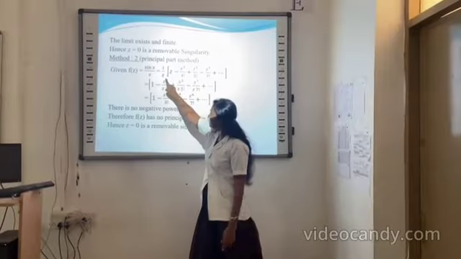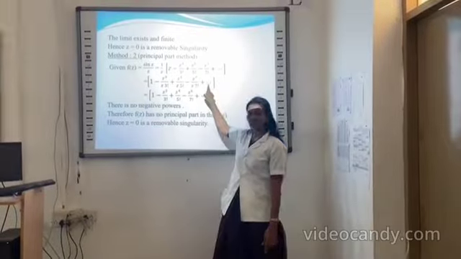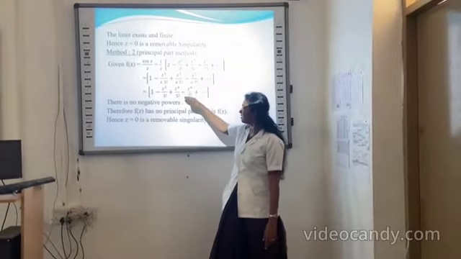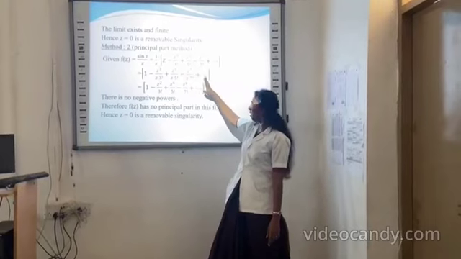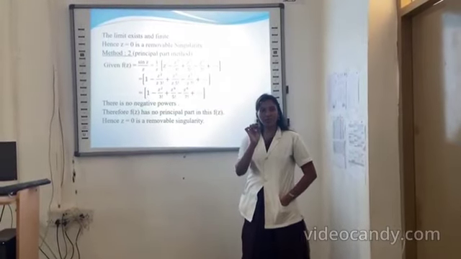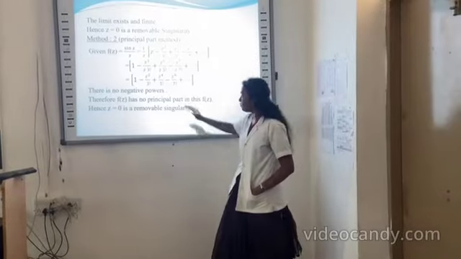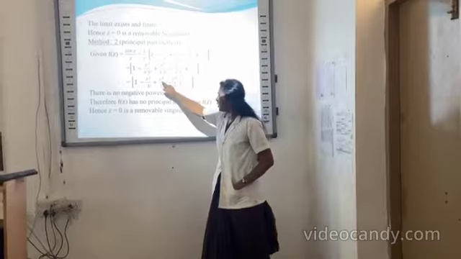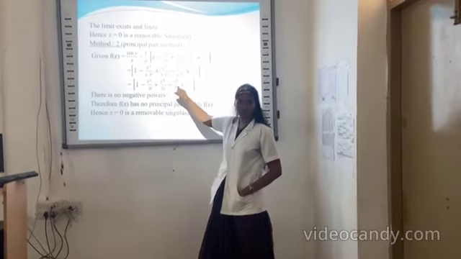Now multiply the 1 by z inside the bracket to get the series expansion. Simplify the terms, since z is in both the numerator and the denominator, and you get the final answer. What is the principal part? The principal part is the negative powers of z. Here z is in the numerator: z square, z power 4, z power 6.